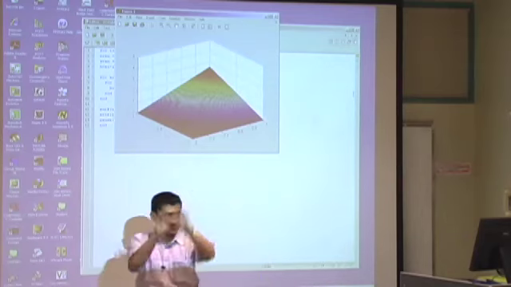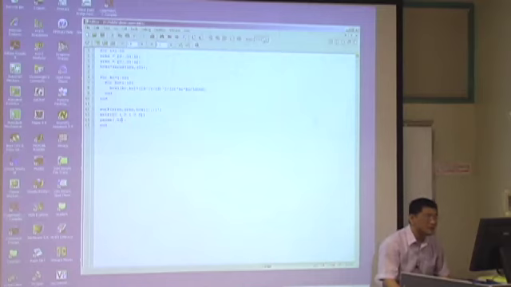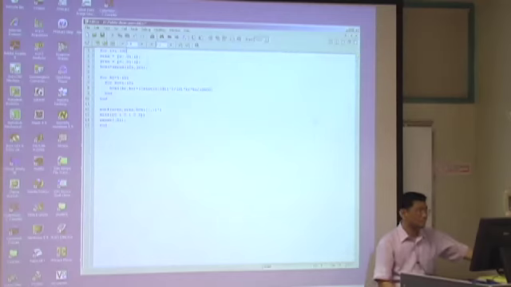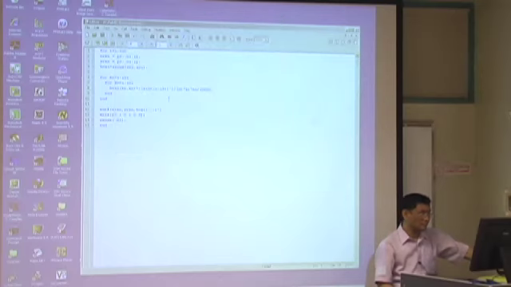So let's use an oscillating function instead of this function. Thank you.